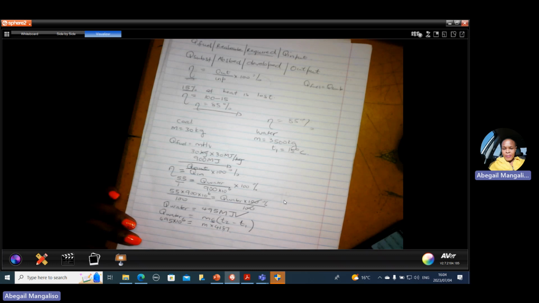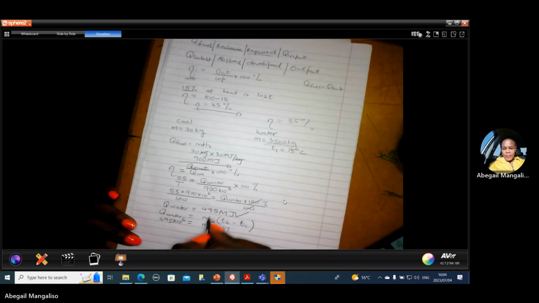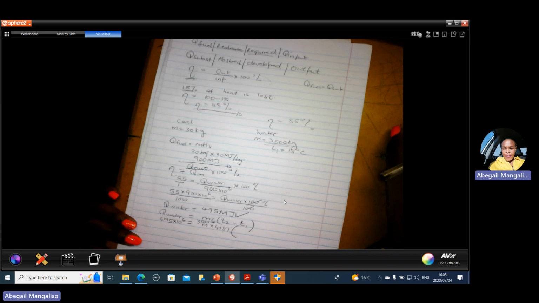And equal to the mass of water, times M. The question is looking for the mass of water? No, the mass of water was given as 3,500. It's the temperature that is unknown in this question. Temperature T2 we don't know. Water was heated from 15 to a temperature we don't know.